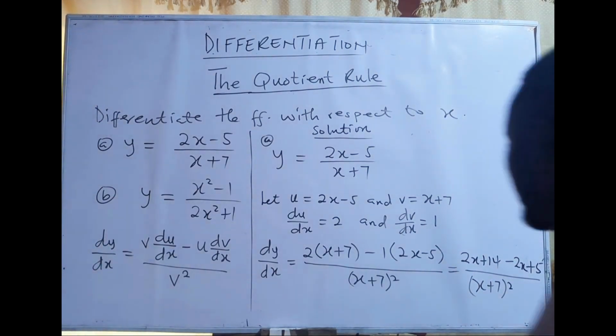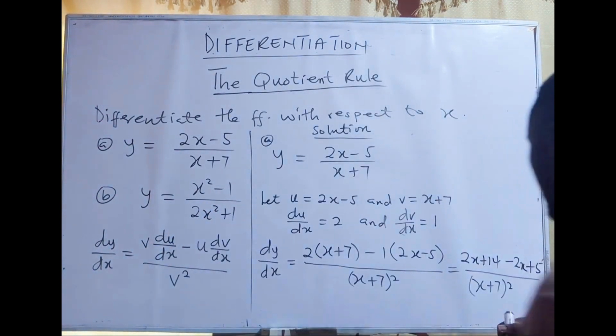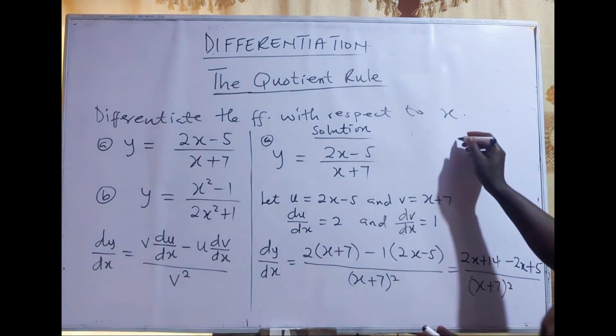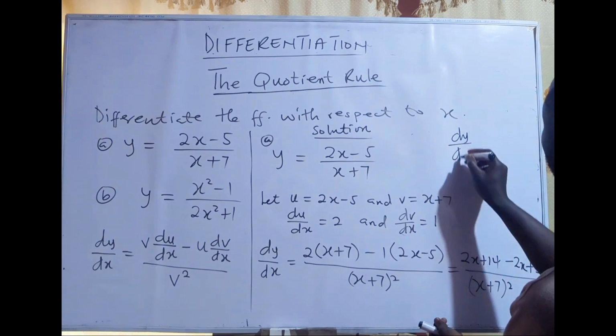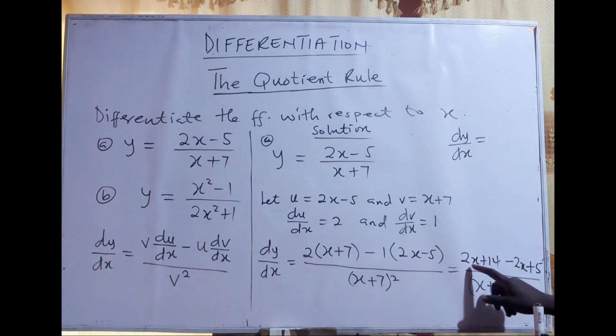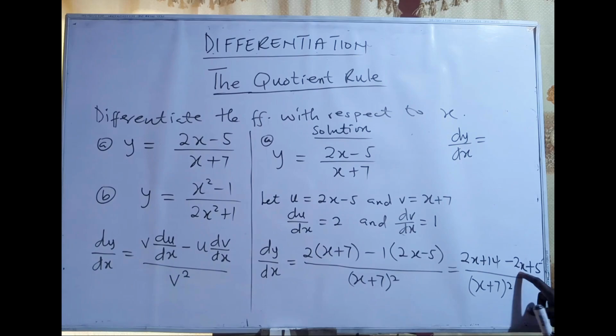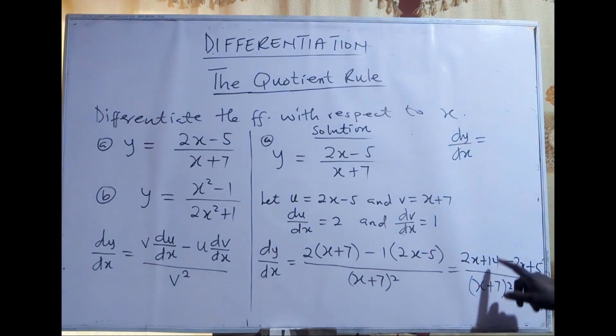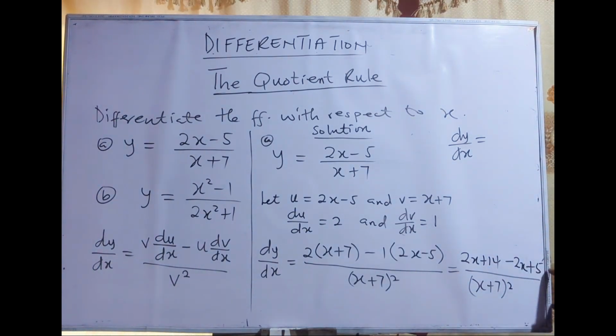So we can conclude our answer here that dy on dx is equal to what? 2x plus 2x minus 2x will give us what? 0. And then 14 plus 5 will give us 19.